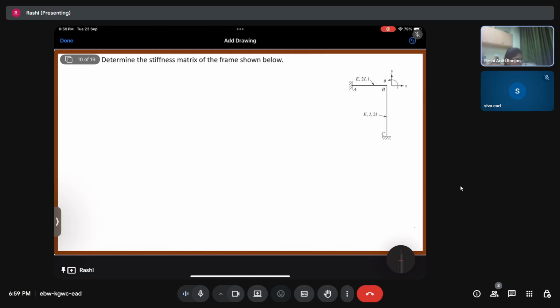So first thing that I would like to tell you, this you can read from a strength of material book. I'm just giving you the final equations because that would take a lot of time if I start deriving it. So you can just get through it from the strength of material book.